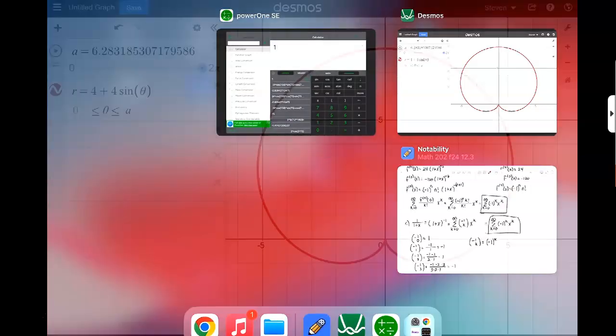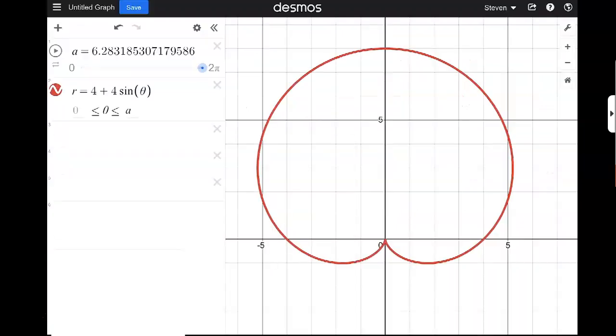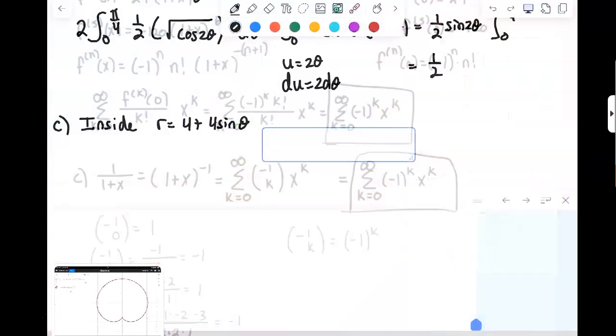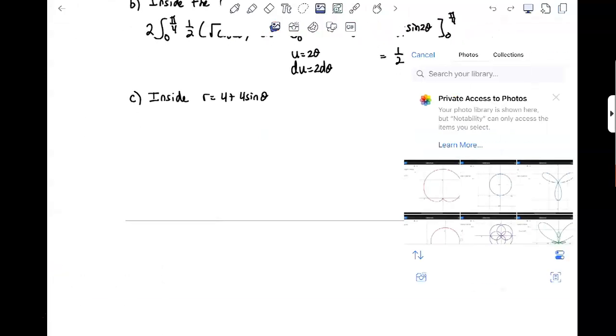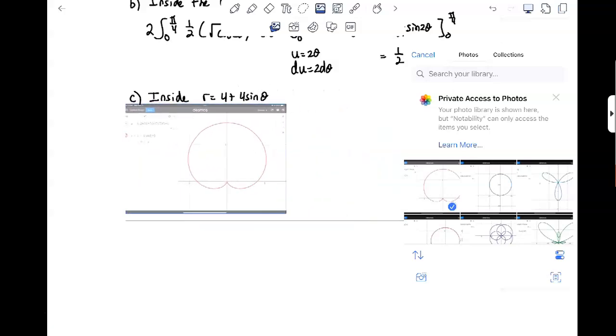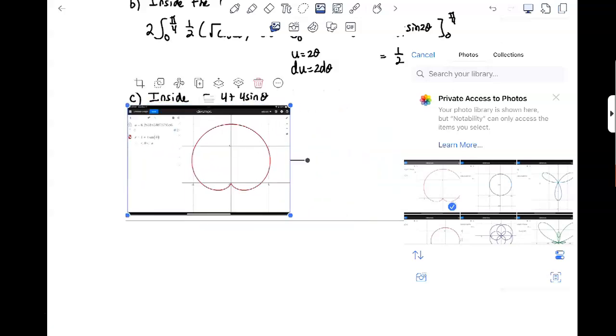Okay, so that's the first quick little thing to realize what kind of area or constraints we're going to need. In this case, we're ranging from 0 to 2 pi.